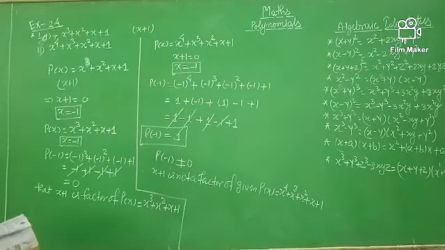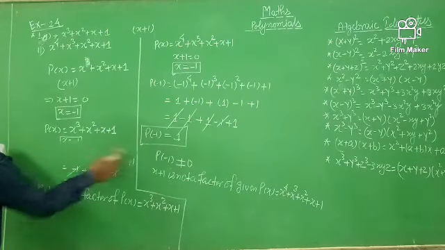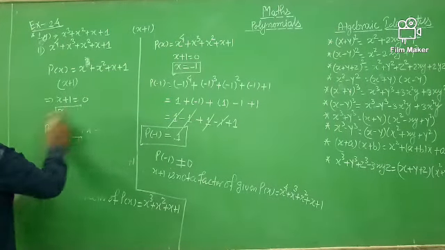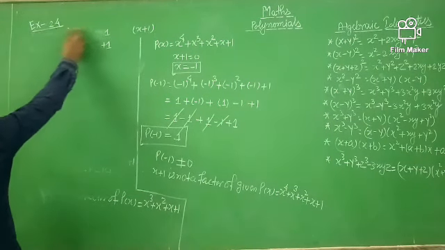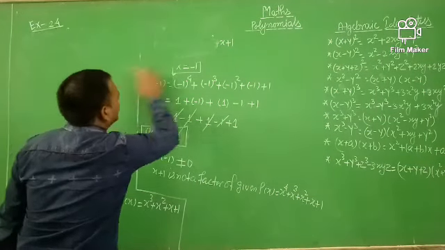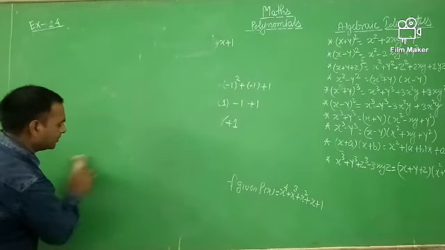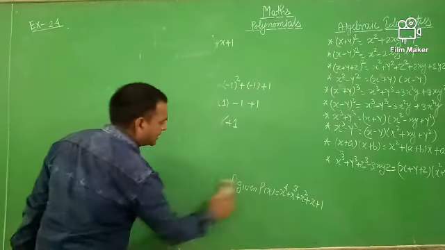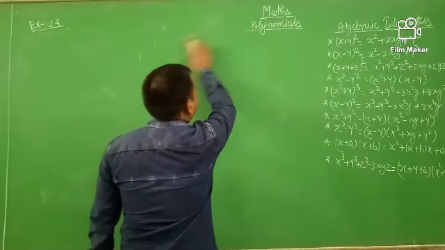The next problem is: use the factor theorem to determine whether g(x) is a factor of p(x) in each of the following cases. Here is the same type of question, where g(x) is a factor of p(x). If g(x) is a factor of p(x), then you put the value from g(x) in p(x). If it becomes 0, you can say it is a factor.